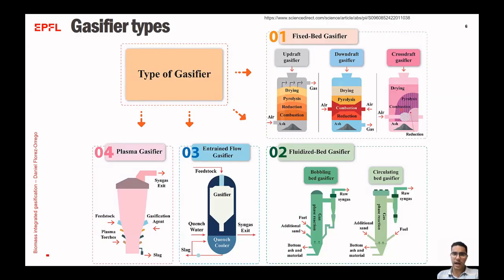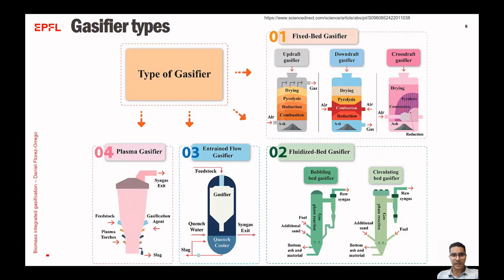Depending on the type of gasifier, the air, the gasifying agent entering my gasifier, can go in co-current, counter-current, or cross-current to the biomass that is fed to the gasifier.